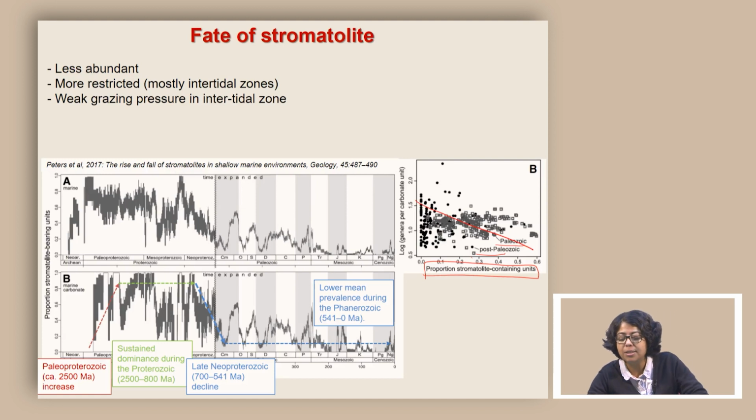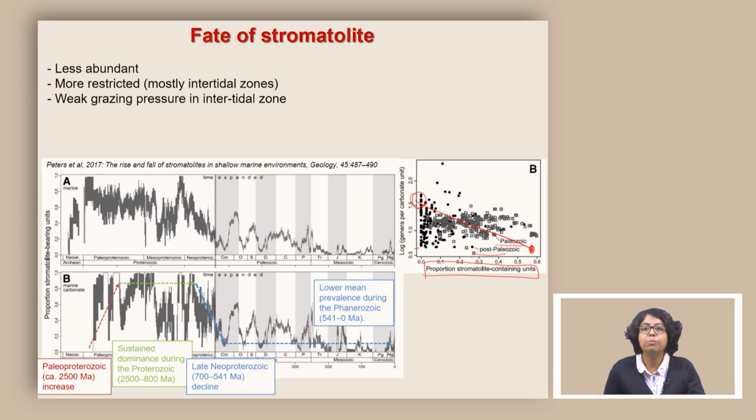What that means is that if there are less number of groups, then we are going to find a high number of stromatolites. And this is telling you something about the deposit feeders.